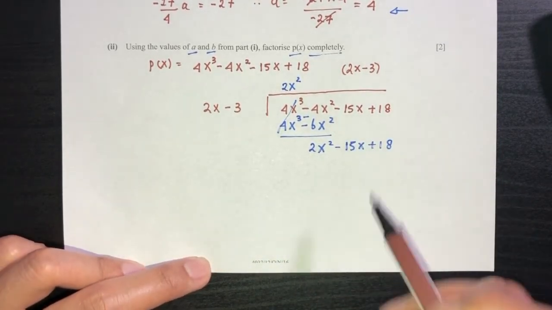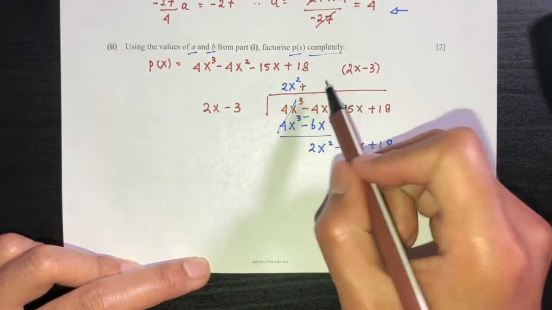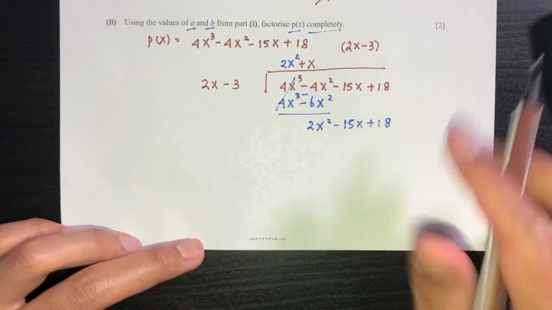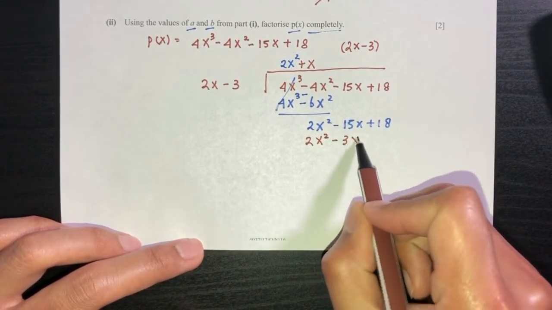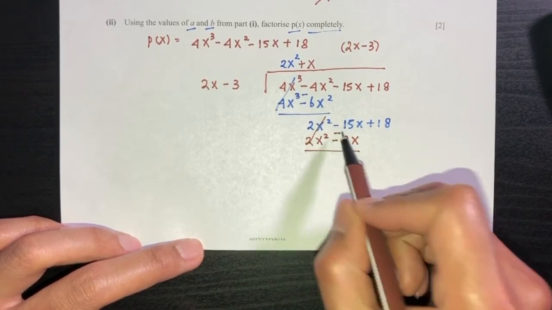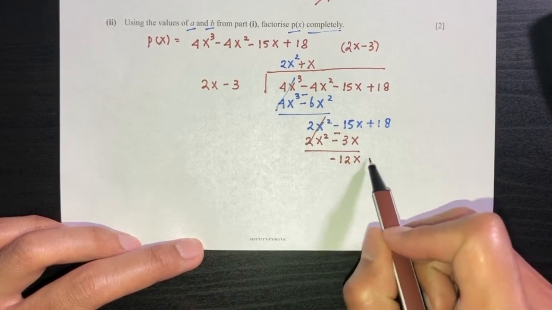Next question, how can you make 2x become 2x squared? You have to multiply by plus x. So that will become 2x squared minus 3x. That will go away. Minus 15 plus 3, that will be minus 12x plus 18.